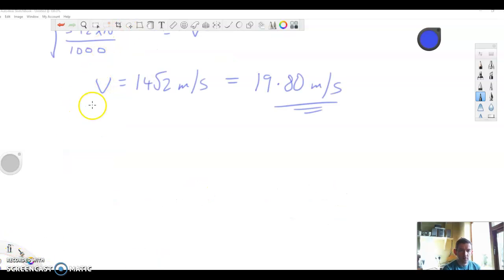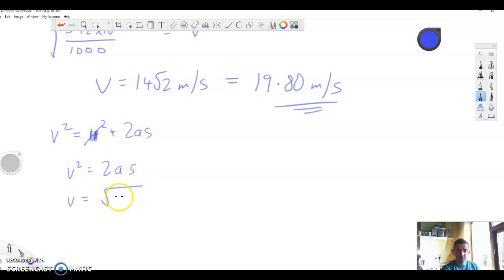Now we could do that another way. What I did there is okay, but we could also use v squared equals u squared plus 2as, a classic formula. The initial velocity u of the pile was 0 because it was dropped, so you scrap that and you have v squared equals 2as. Get the square root of both sides: v equals the square root of 2 times a times s.